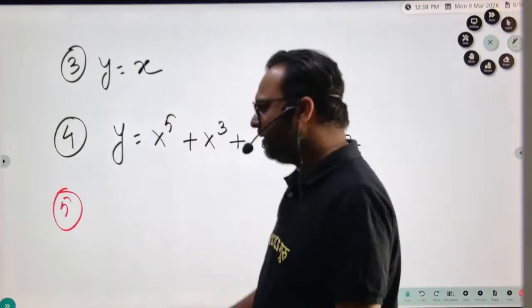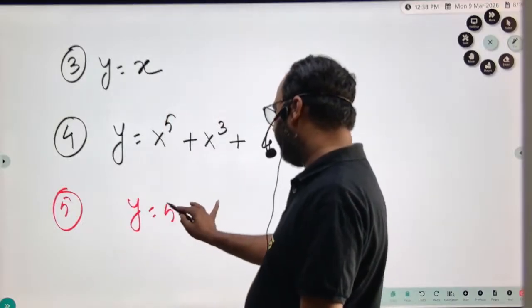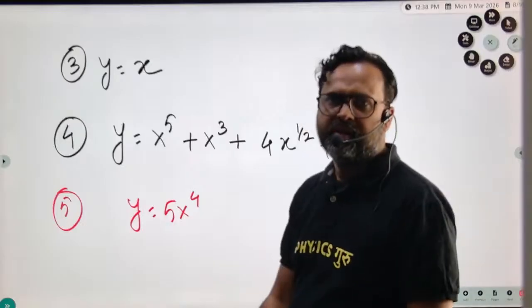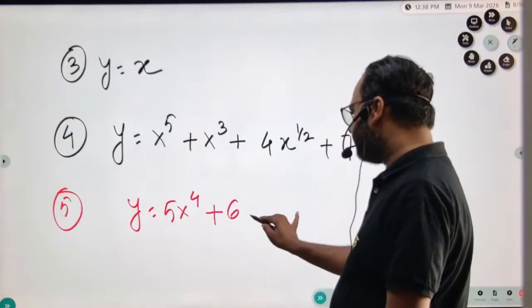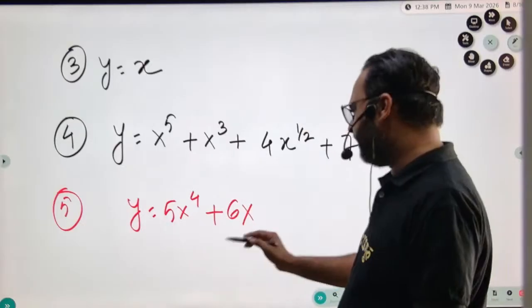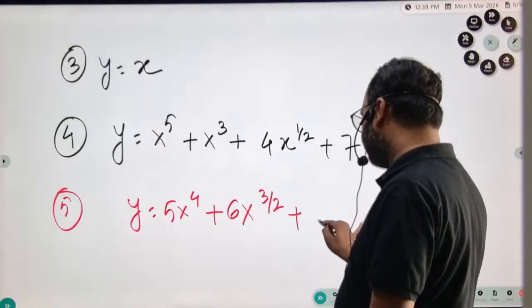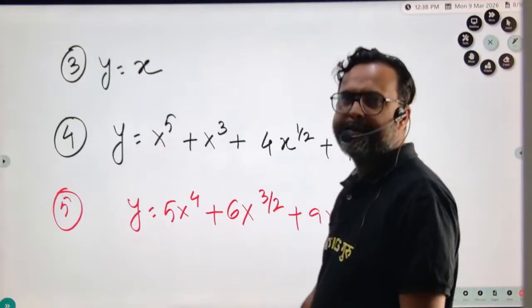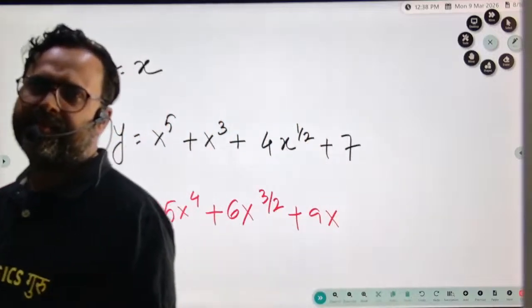Try this one. Y is equal to 5x raised to the power 4 plus 6x raised to the power of 3 over 2 plus 9x.